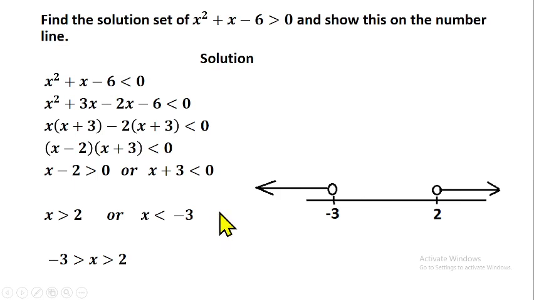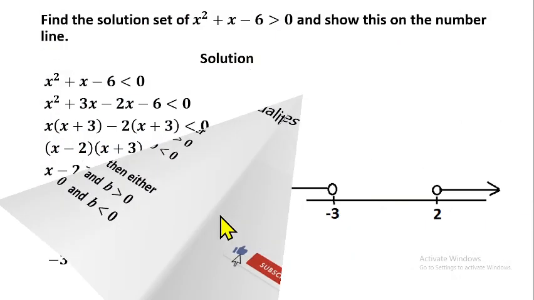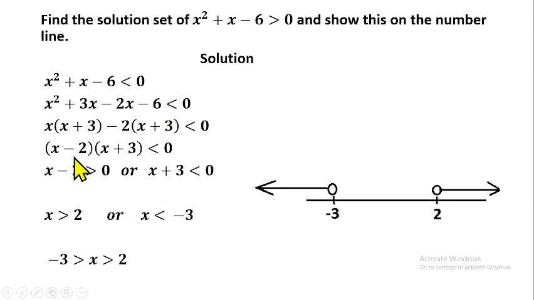So let's go back to the condition. When the multiplication of the two roots is less than 0, that means one of them will be less than 0, the other one will be what? Greater than what? 0. That's the condition. So that means one of them will be less than 0, one of them will be greater than 0. So what do I do here?